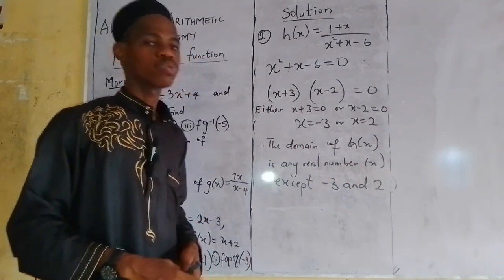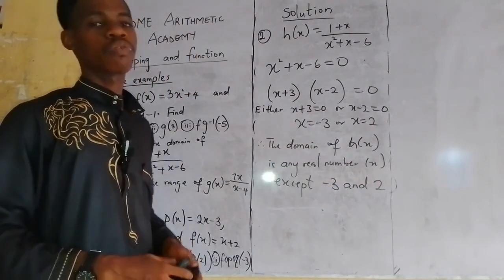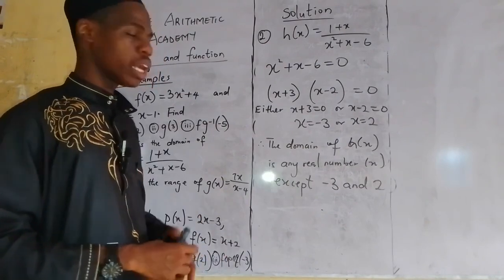These two values will be the ones that will be out of our domain. I hope this is clear enough.